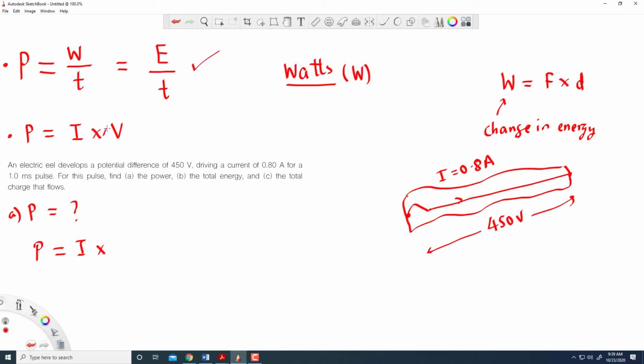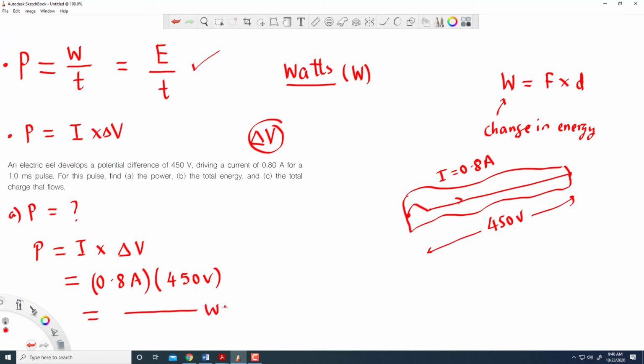I should write here delta V. Sometimes instead of writing delta V, people only write V. Okay, if you see V, that means it's delta V. So I times delta V. I is current, 0.8 amperes, and delta V is 450 volts. Okay, so that will give you the power in watts.